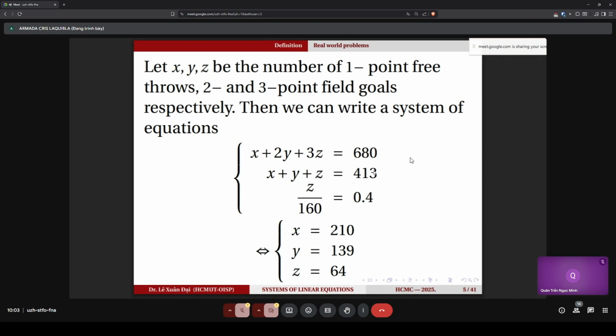And then this one, x plus y is equal to 413 minus 64, because this is z. Transfer here minus 64. And your calculators can solve that already. Your x is 213 and then your y there is 139. And that's it. We solved them already.